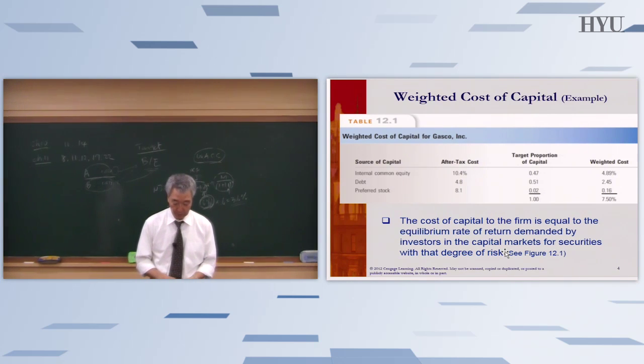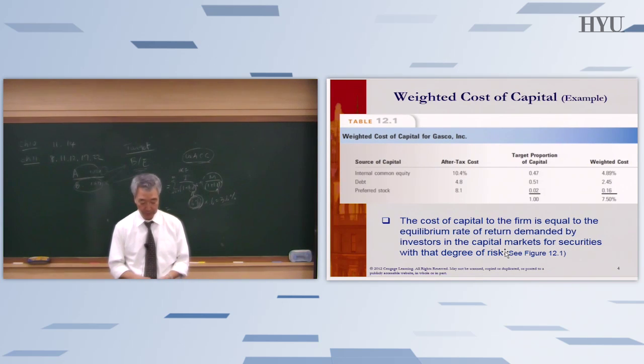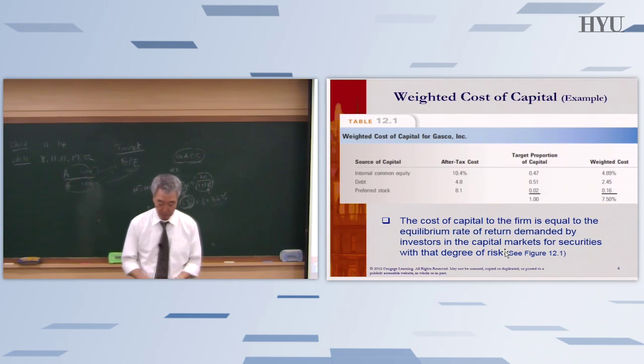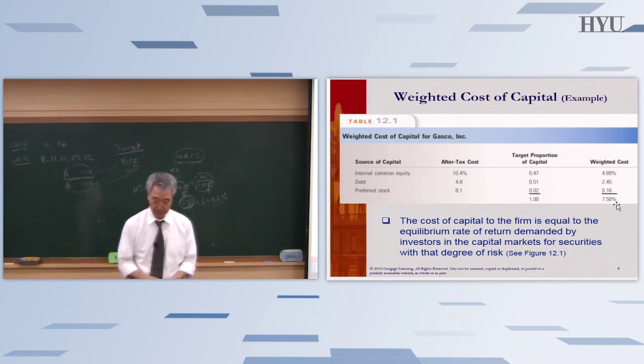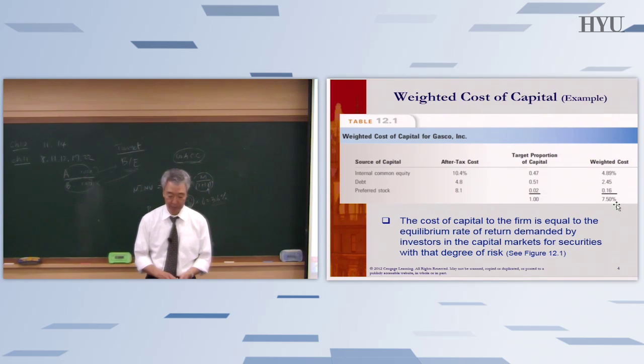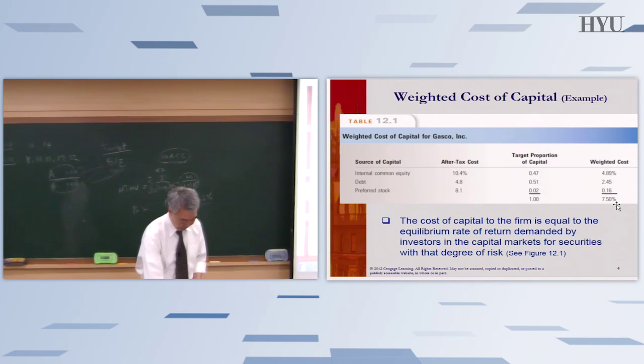So you just multiply 10.4 by 0.47, you come up with 4.89. 4.8 times 0.51 is 2.45. When you add them up, we come up with 7.5% for WACC, weighted average cost of capital. That's how we calculate weighted average cost of capital.